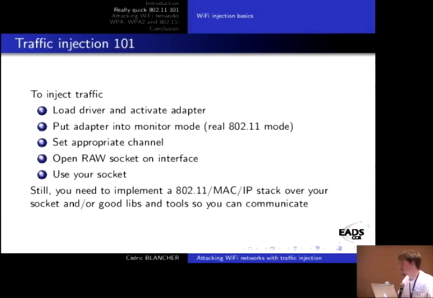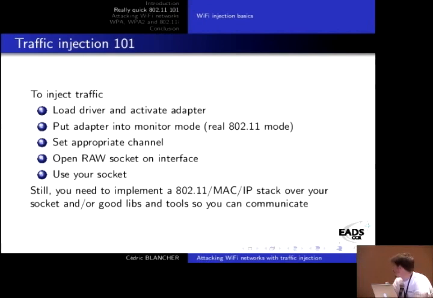So to inject traffic, it's quite simple when you have all this. You load the driver and activate the adapter, meaning ifconfig the interface up, and you're going. Then you put it in monitor mode, because we don't want to inject just Ethernet frames on a given association, but we want to inject full .11 frames with all headers and stuff.